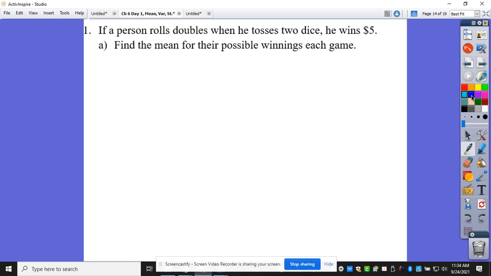So here we're just going to call this x, for x and give x for right now. But we're going to do this as, I'm going to call this one either win or lose. If I win, what do I win?